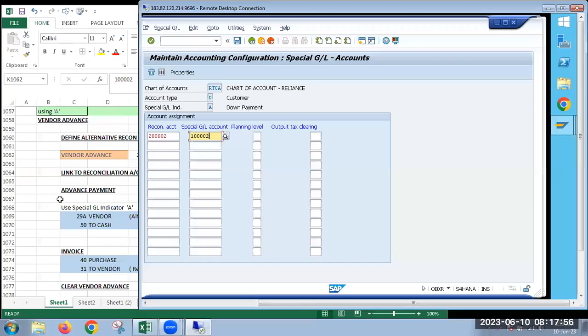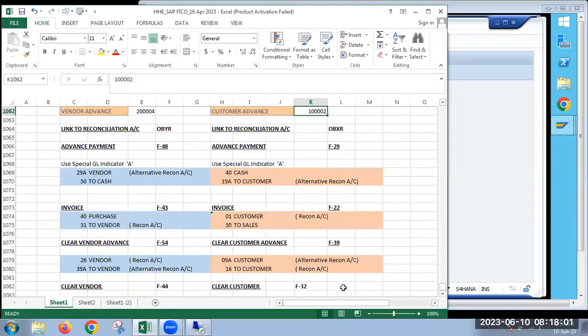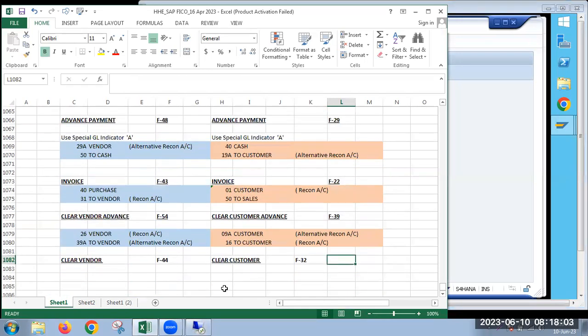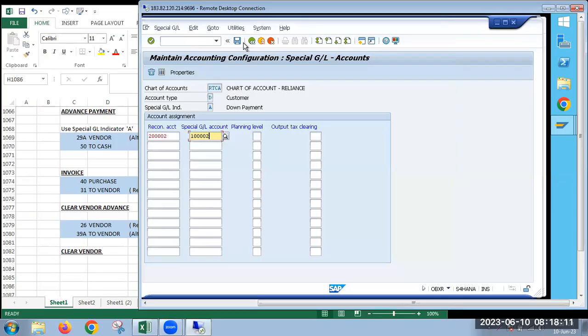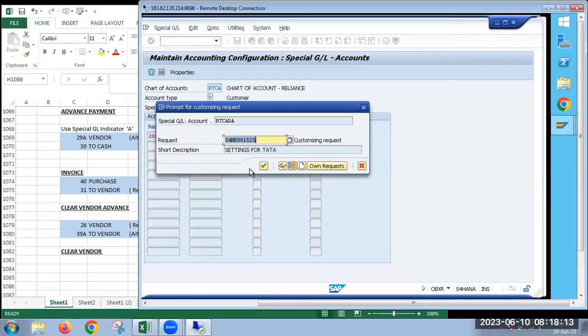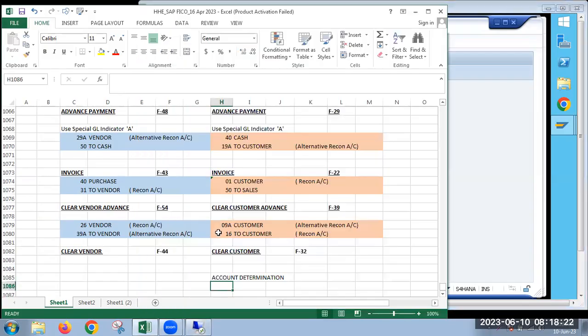So this is the concept of account determination. We assign the GL account, so any transaction will be posted to our liability account, being a customer transaction.